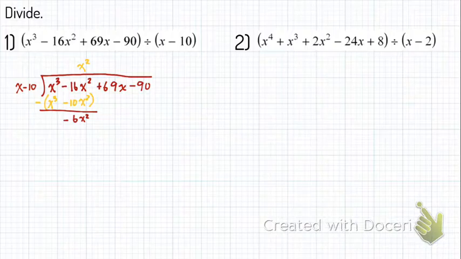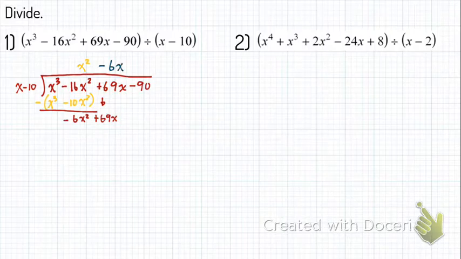Then I bring down the next term, which is my 69x. I'm going to bring that down here, and I'm going to start this again. I'm going to ask myself, what do I multiply x with to get negative 6x squared? I know that I have to multiply x with negative 6x. So I'm going to write down negative 6x.